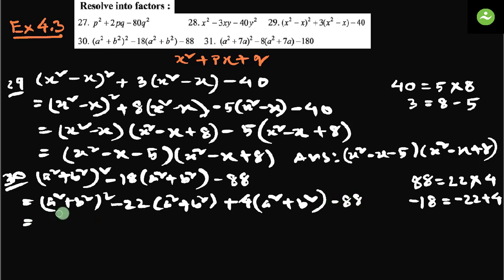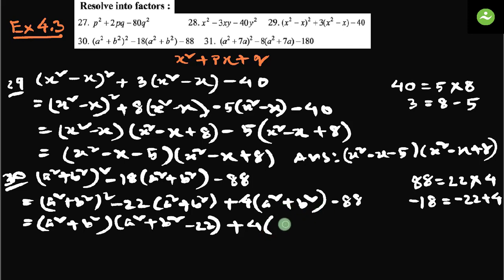If we take common a square plus b square, then inside we get a square plus b square minus 22, plus 4 common, a square plus b square minus 22.